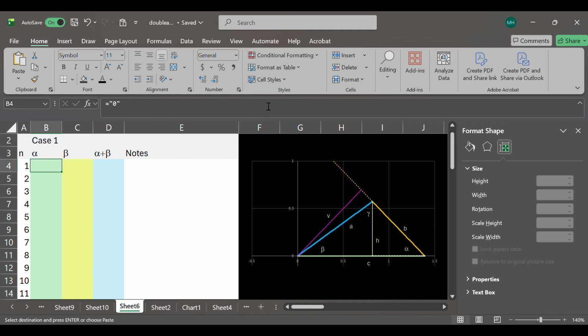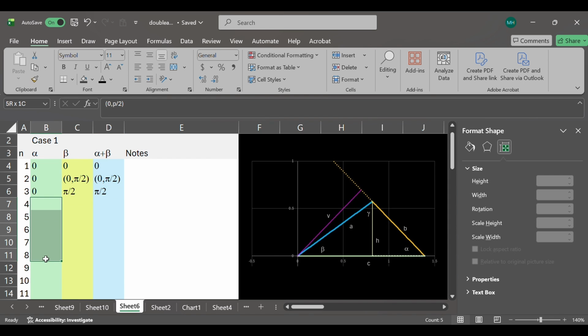So we're looking at different possibilities for alpha and different possibilities for beta, and the sum alpha plus beta. So 0, 0, 0. There's 3 cases where alpha could be 0, beta could be acute, and therefore alpha plus beta would be acute. Beta could be 90, and alpha plus beta would be 90.